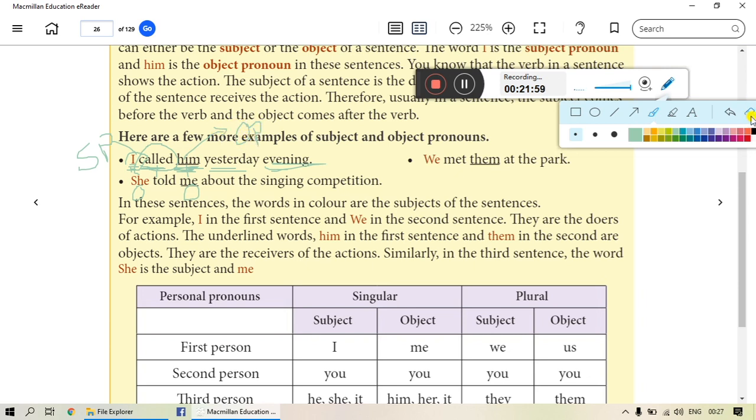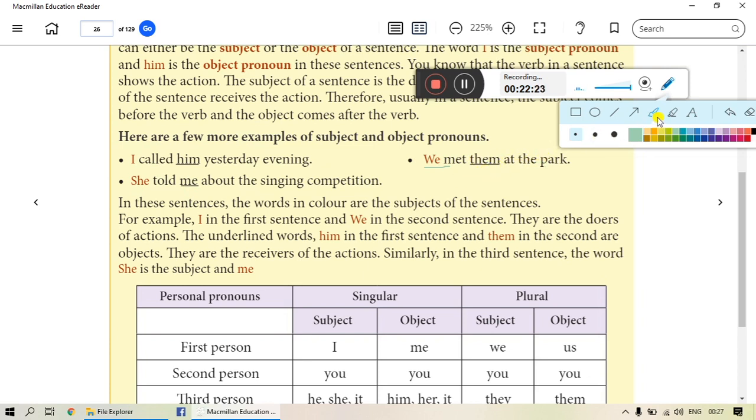Okay, if you are confused, please rewind the video, go back and hear again and again carefully what is verb, what is pronoun, and what is subject object. This needs to be very clear. Take this topic seriously. Now in the second sentence, we met them at the park.